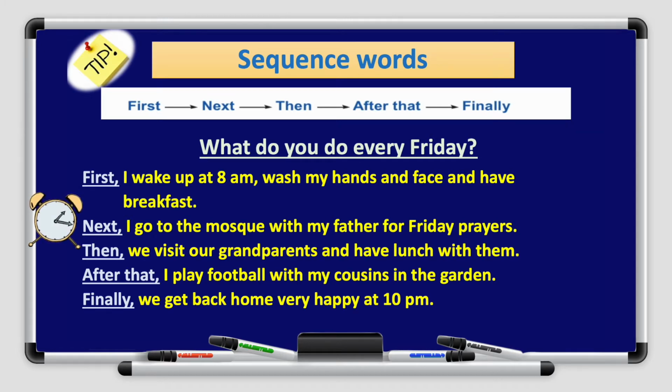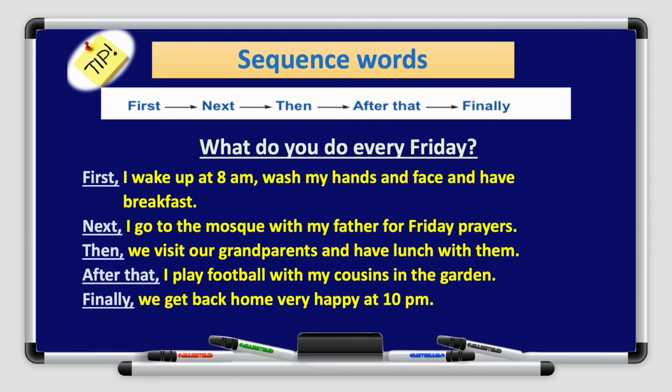Next, I go to the mosque with my father for Friday prayers. Then, we visit our grandparents and have lunch with them. After that, I play football with my cousins in the garden. Finally, we get back home very happy at 10 p.m.